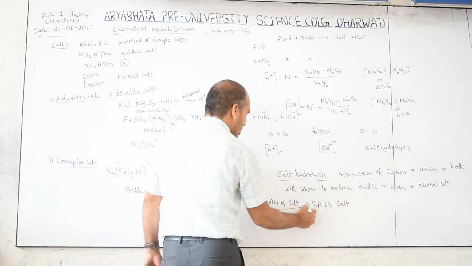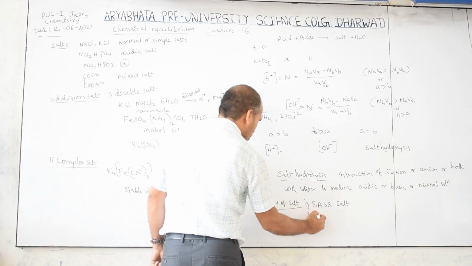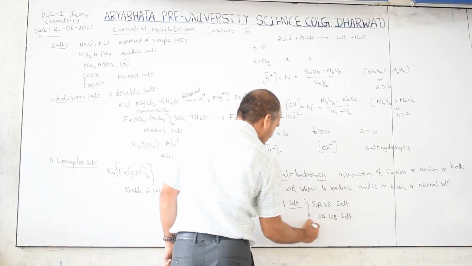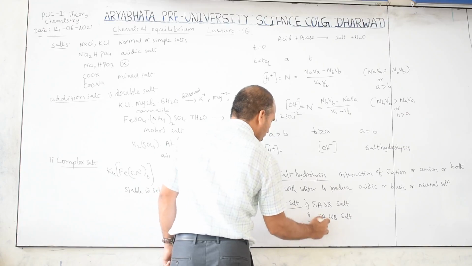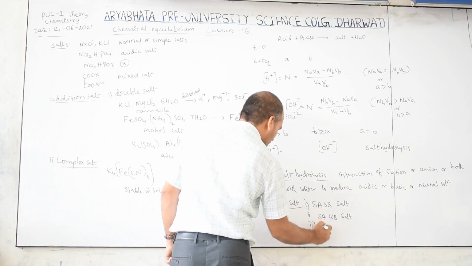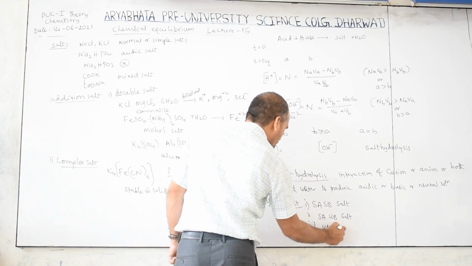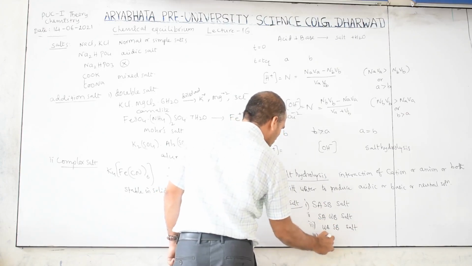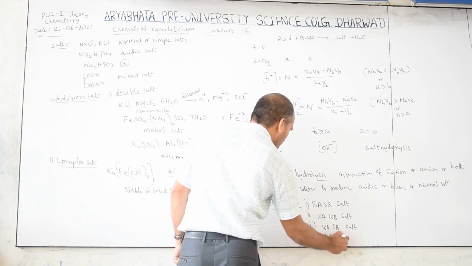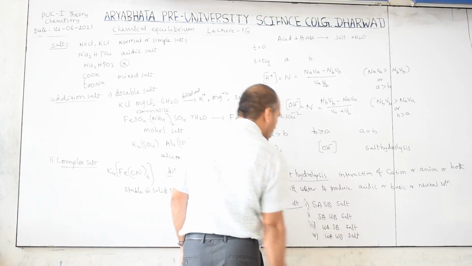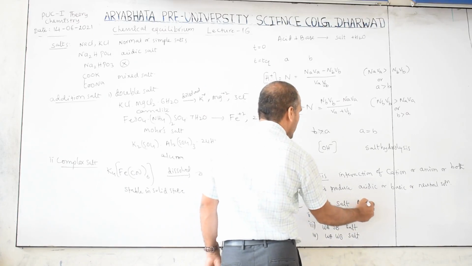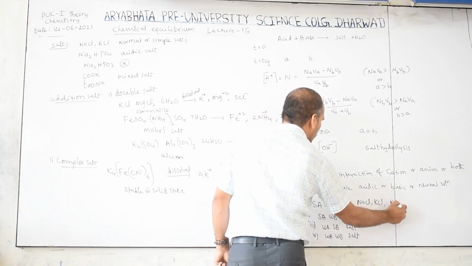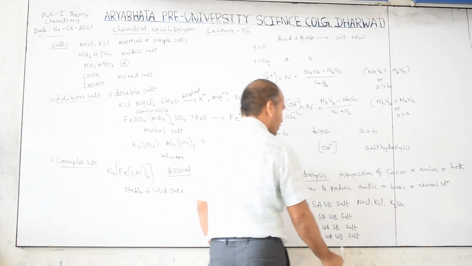The first one is the strong acid, strong base salt. The second is the strong acid, weak base salt. The third is the weak acid, strong base salt. The fourth is the weak acid, weak base salt. Examples: NaCl, KCl and K2SO4 for the first.